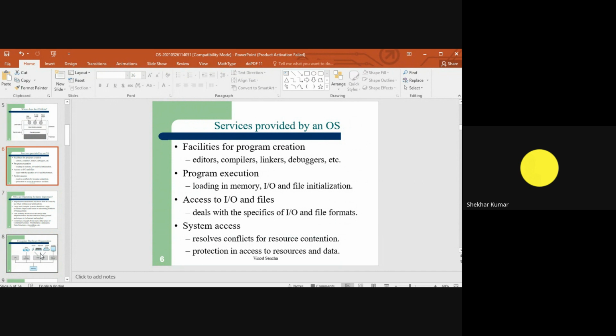If you want to track all the input output devices connected, and to perform allocation and deallocation of those devices, there is also a requirement of operating systems.